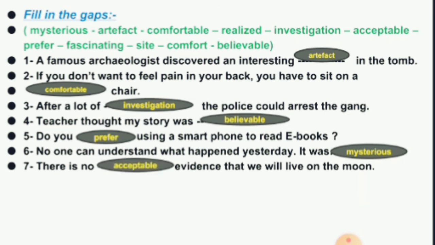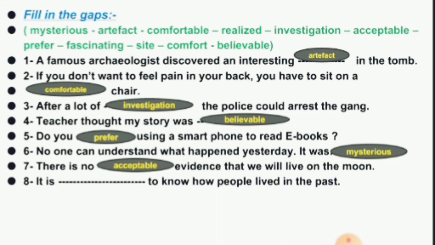Acceptable. There is no acceptable evidence that we will live on the moon. Question number 8. It is space to know how people lived in the past. It is? Yes, excellent. Fascinating, which means very interesting.